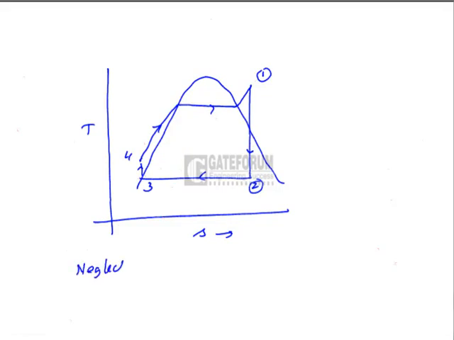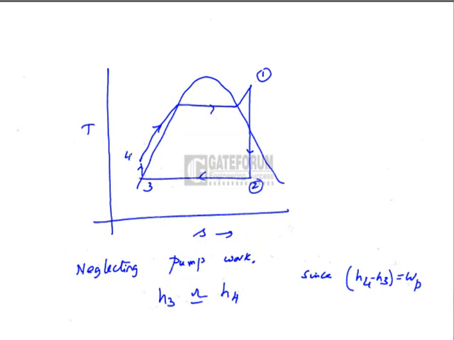Neglecting pump work because it is very low, H3 can be approximately made equal to H4, because H4 minus H3 is the work of the pump.